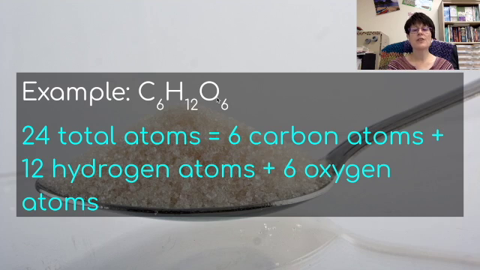And the 6 behind the O, 6 oxygen atoms. So when we add those up, we actually get 24 total atoms in this molecule. There are 6 carbon atoms plus 12 hydrogen atoms plus 6 oxygen atoms, a total of 24 atoms.